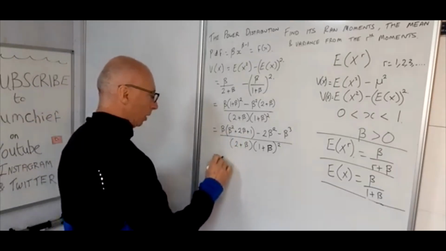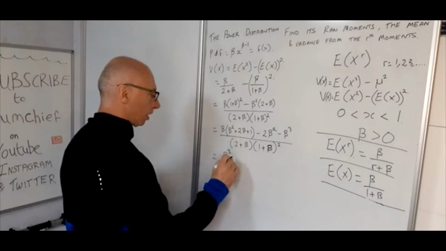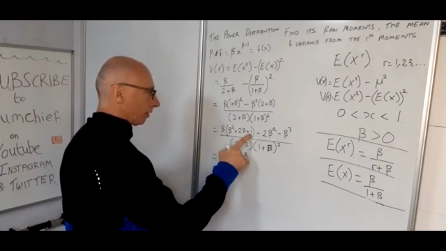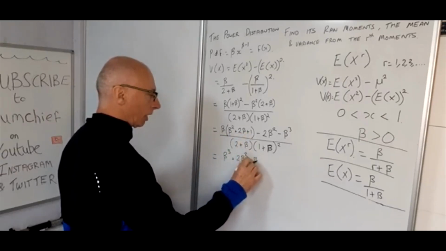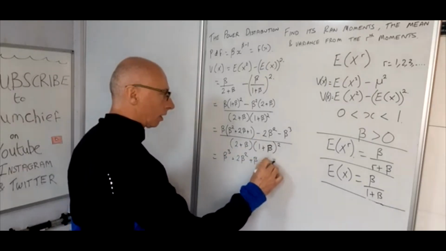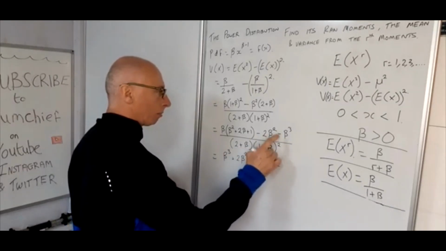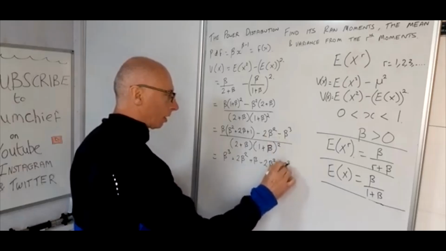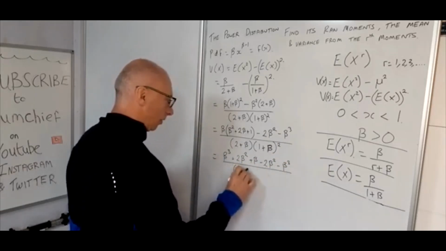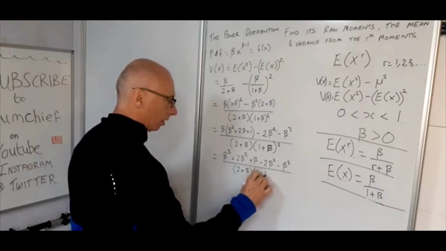So beta times beta squared, beta cubed. Beta times 2 beta is plus 2 beta squared, and then beta and 1 just gives us a beta. Then subtract 2 beta squared, and this time minus beta cubed, and again let's just simplify this fraction off a little bit.